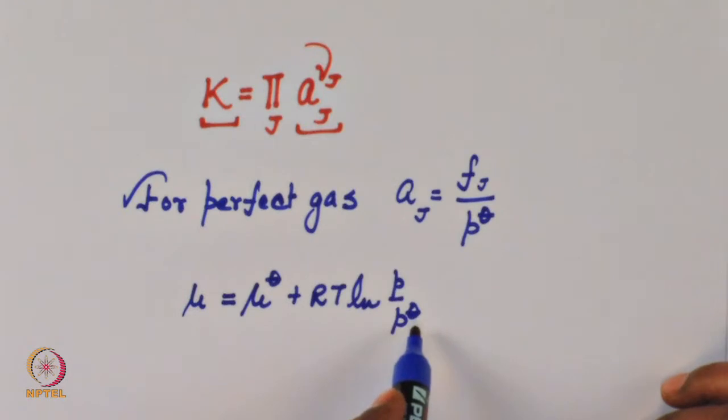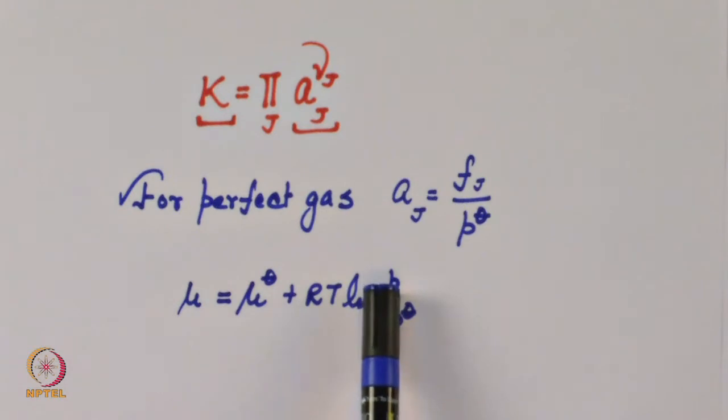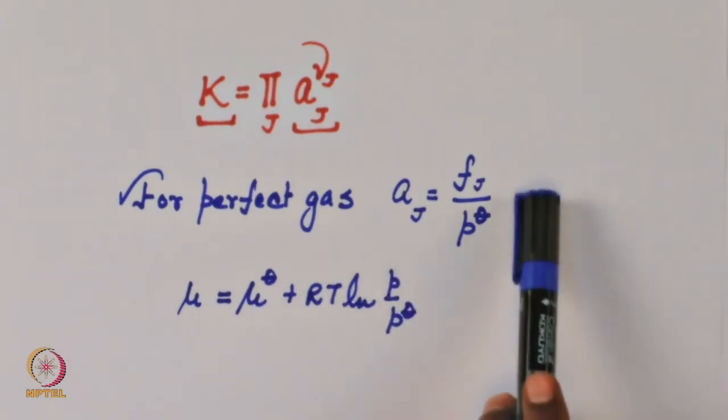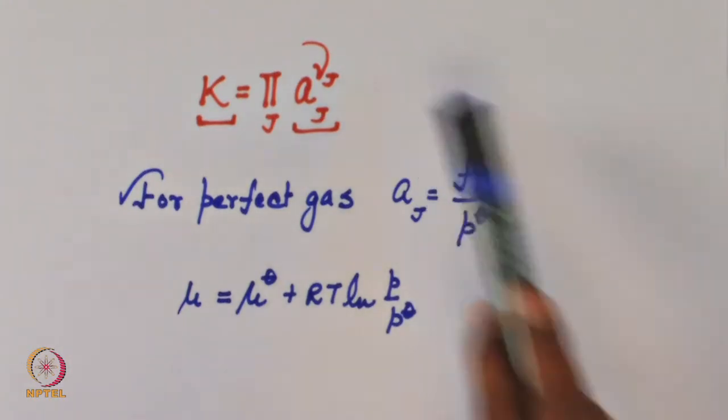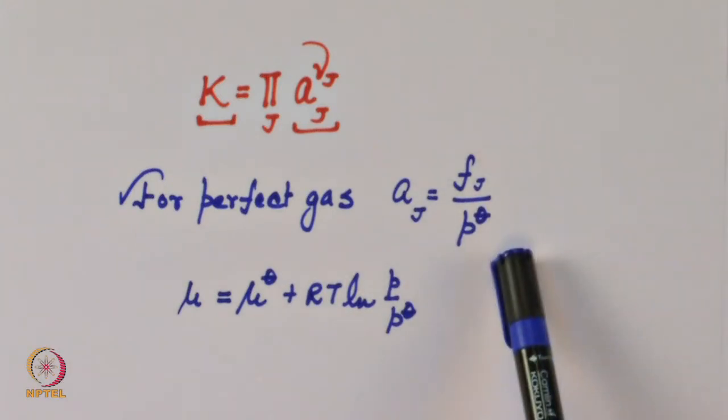And that is why even if a reaction is asymmetric, meaning in which the number of moles of reactants and products in the gaseous forms are different, even then the equilibrium constant will turn out to be a dimensionless quantity, because each P is divided by P naught, that makes it dimensionless. And that is why when we derive a general expression for perfect gas, we will write activities as fugacity divided by P naught.